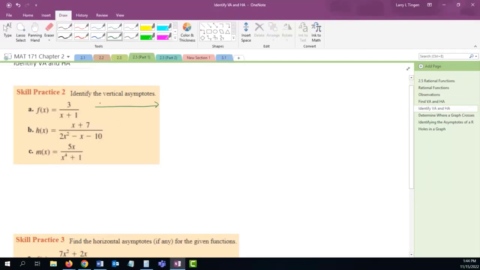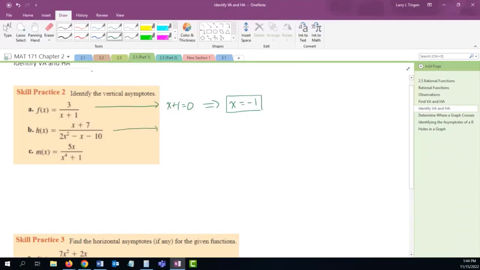And the numerator and denominator don't share a matching factor. Well, they don't here, 3 over x plus 1. So when is x plus 1 equal to 0? When x is negative 1. So there's a vertical asymptote for the first one.